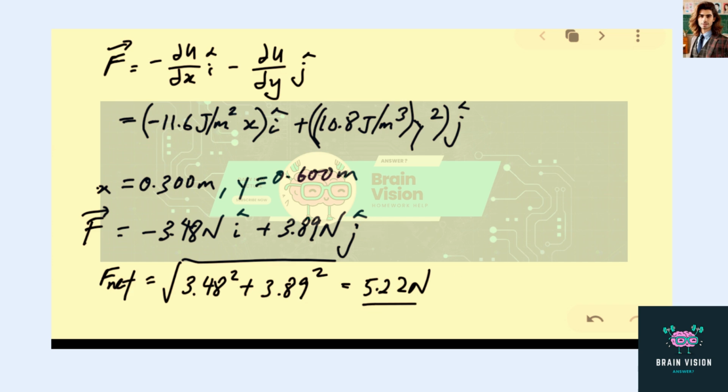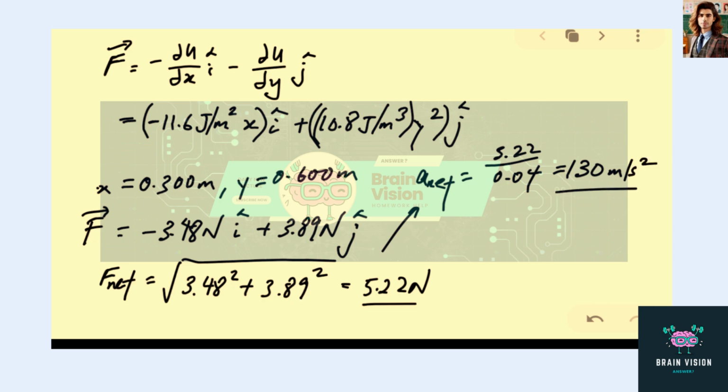So this is the magnitude of the force, and from here we can find the net acceleration magnitude by dividing by the mass, which in this case is given as 0.04 kilograms. And this leaves us with 130 meters per second squared. So this is the net acceleration.